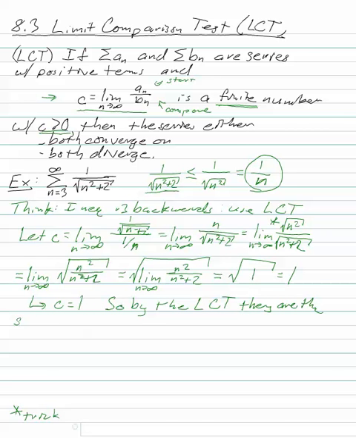That's what we're thinking. They both converge or they both diverge. So again, we know that the series 1 over n from n equals 3 to infinity diverges by the p-test with p equals 1.